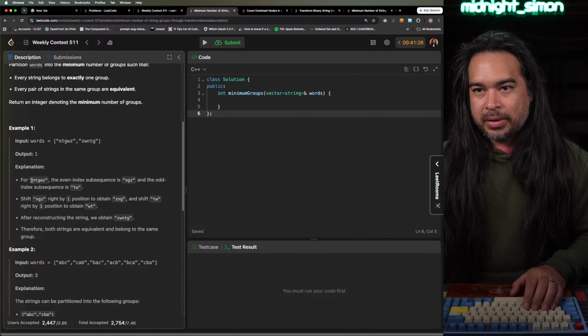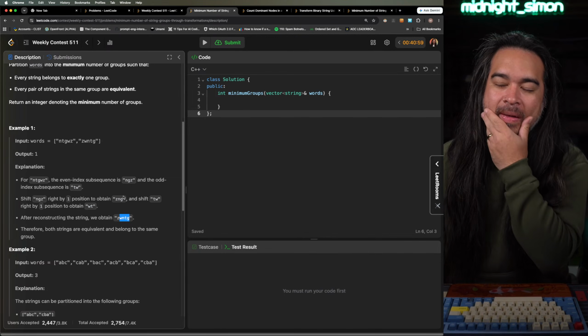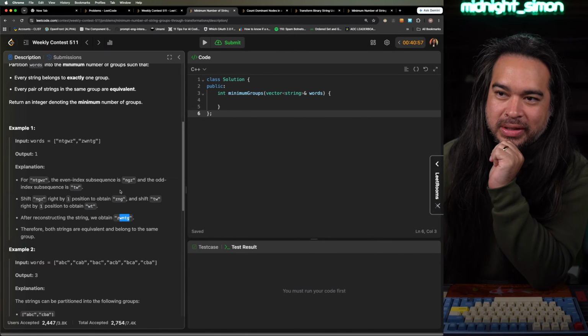I say 1 because for this, even indices are that, odd indices are this. Shift that right. Oh, I see what they're saying. Yes, and shift that right by 1 to WT. And then you reconstruct. Interesting.